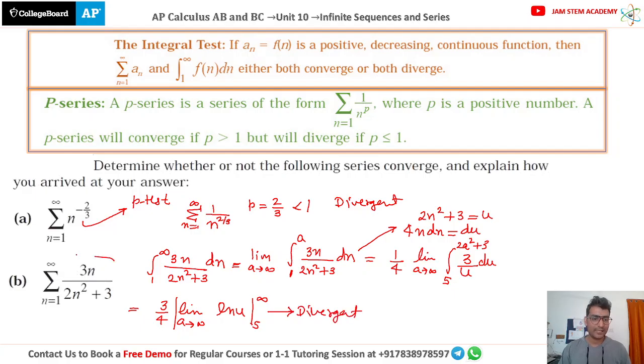And if it is divergent, the original series also diverges because they both behave the same. So this is your integral test and P series test. The P series test we directly apply if we have the 1 over n raised to the power p type of form, and the integral test we only apply if it is a positive, decreasing and continuous function. Okay, you can remember this.